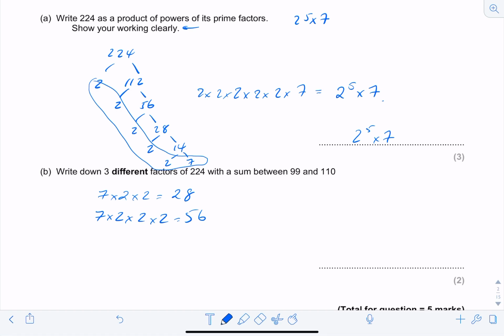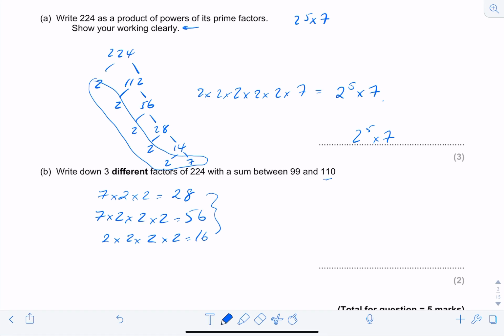So I need something that is greater than 15 and less than 26. So I think 16 is going to work, which is 2 times 2 times 2 times 2 equals 16. Okay.